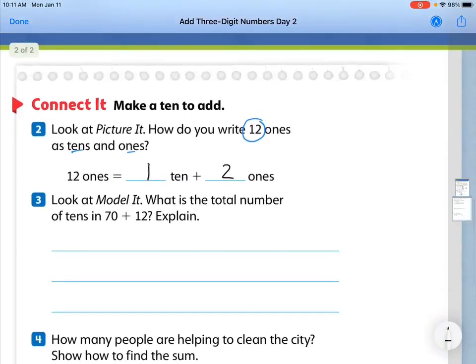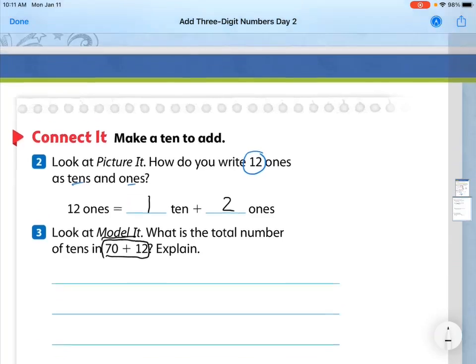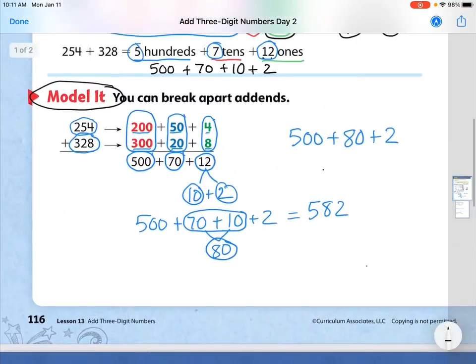This one says, look at the model it. What is the total number of 10s if I have 70 plus 12? It wants to know what the total 10s would be. Well, here's the model it. If I have 70 plus 12, right, and I've already broken up the 12 for us, 12 is the same as 10 plus 2.